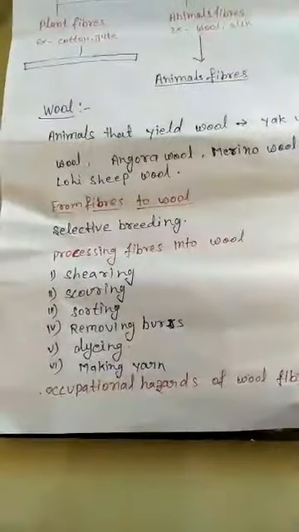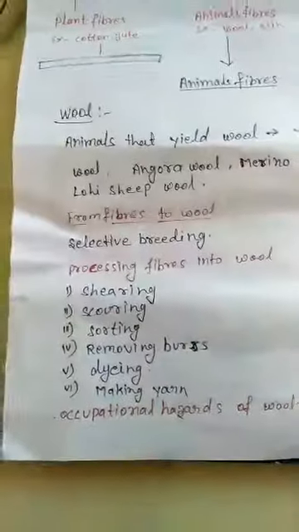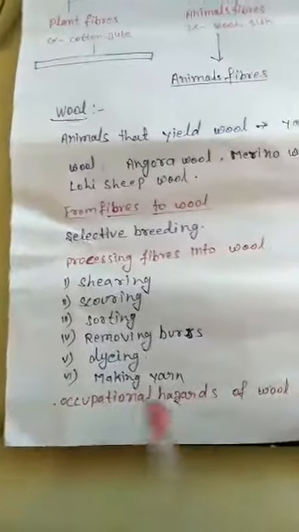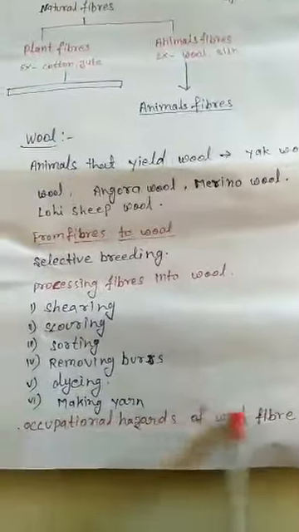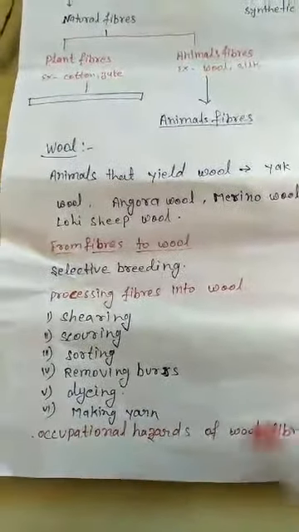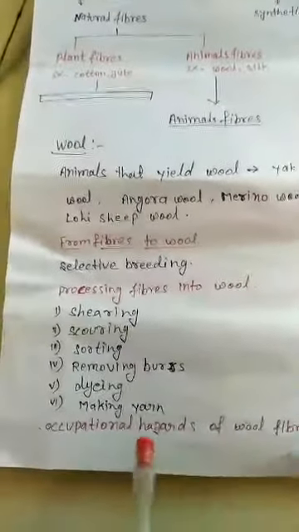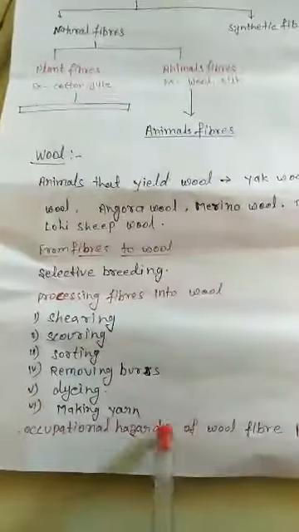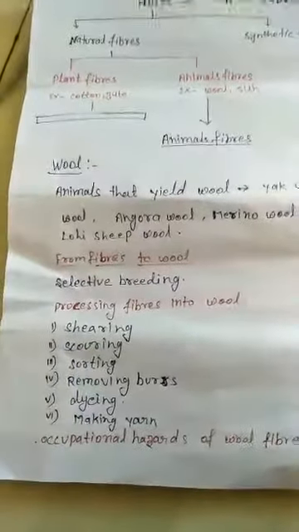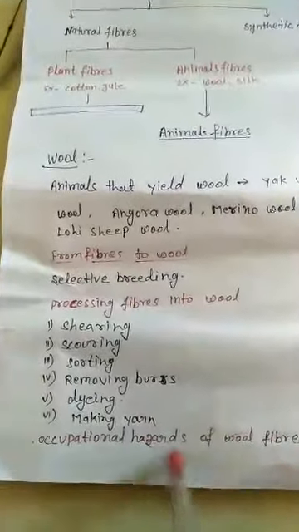Okay, occupational hazard means the problem or effect that causes disease in the working members of that industry, and the occupational hazard of wool fiber production is Sorter's disease, which is caused by the wool.